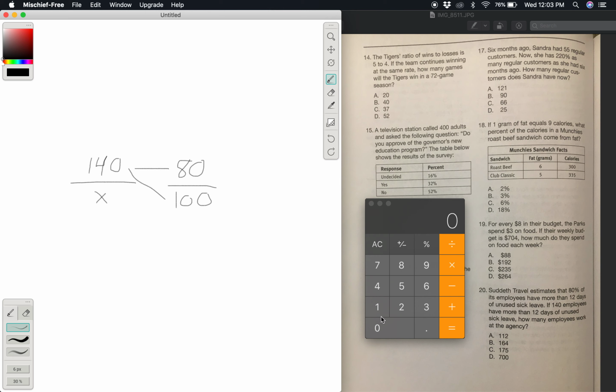So 100 times 140 divided by 80 equals 175. So 140 is 80% of 175. So C is your answer right here.